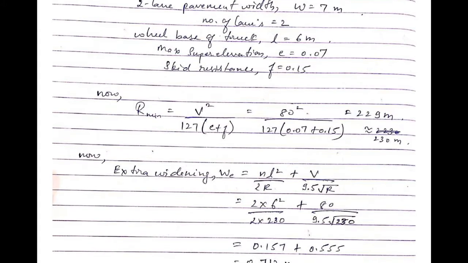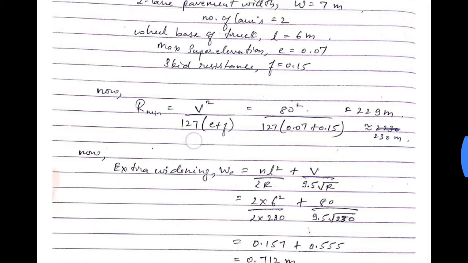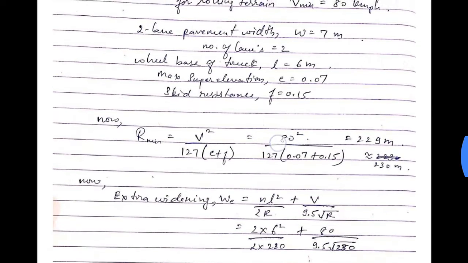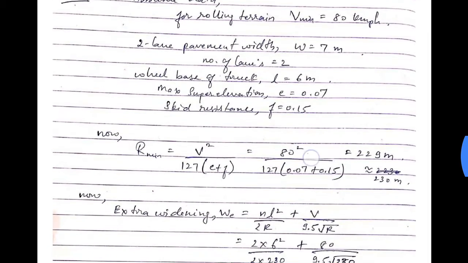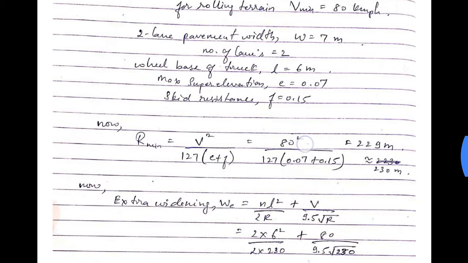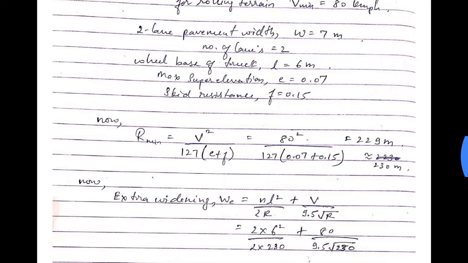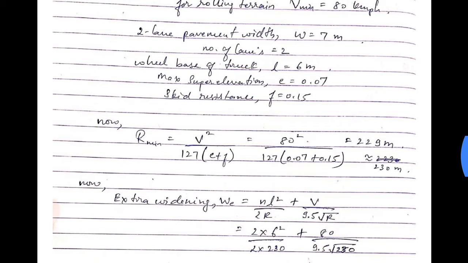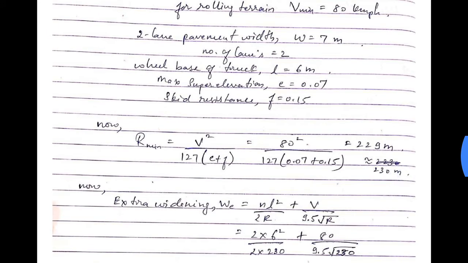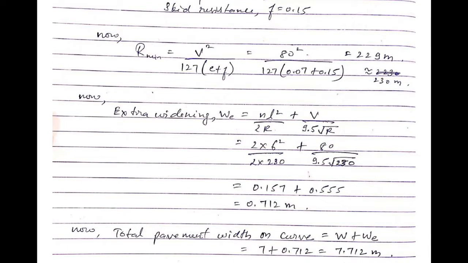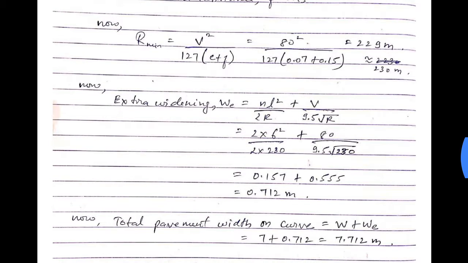Radius is given by V square by 127 into E plus F. V as per our standards is 80, so 80 square divided by 0.07 plus 0.15 into 127, we get 229 meters, so we can take it as 230 meters. Now we have the value of R, that is 230.